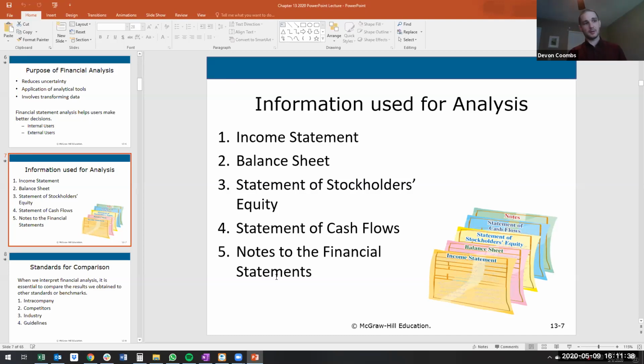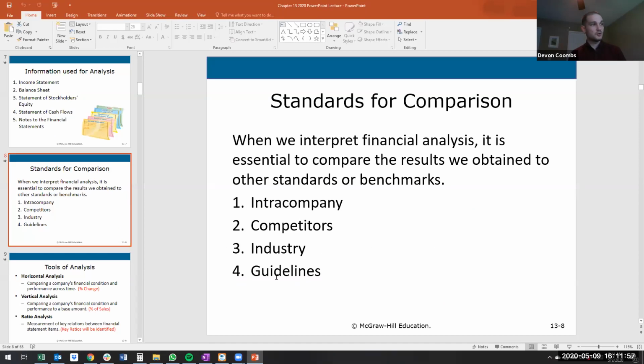Obviously, accounting can get more complex. This class is enough that if you understood everything in this class, I would be confident you would be able to understand at least where the information is being derived from for financial statement analysis.